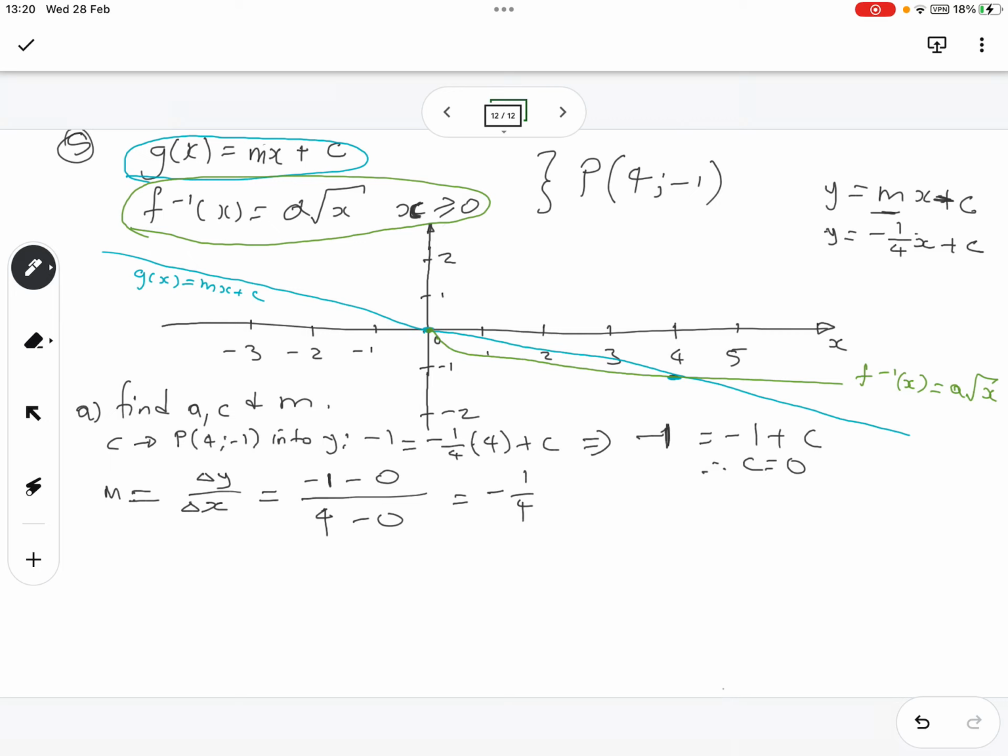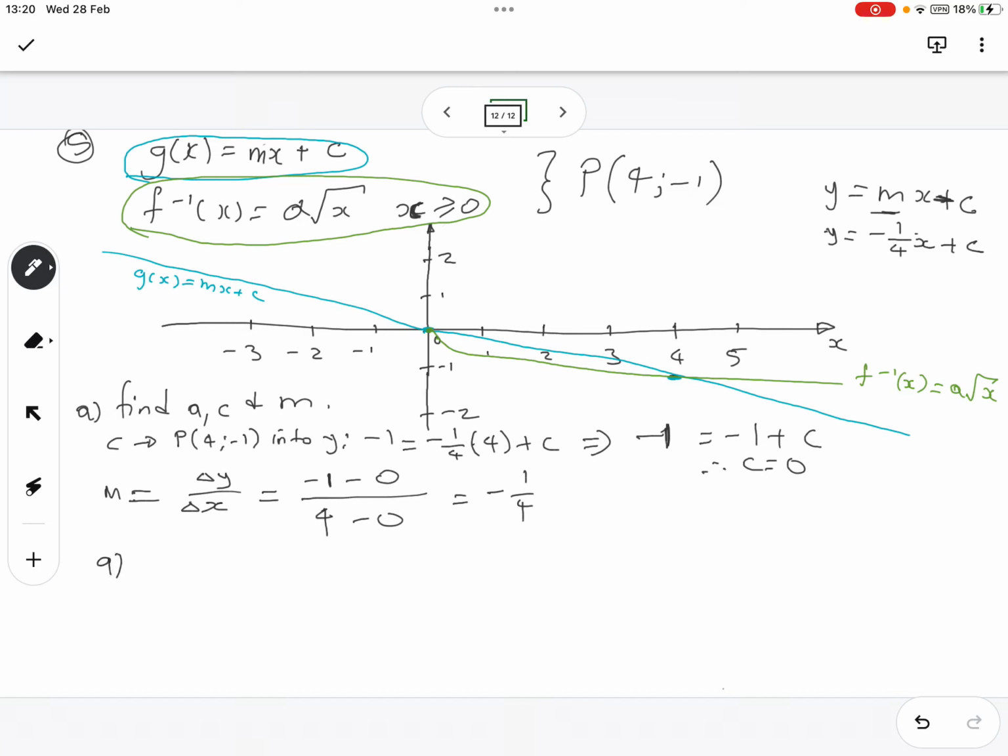But it's also easy enough to read off that c is 0, because our graph intercepts the y-axis at the point 0, 0. So we have an x and y intercept of 0. So we found c and m.